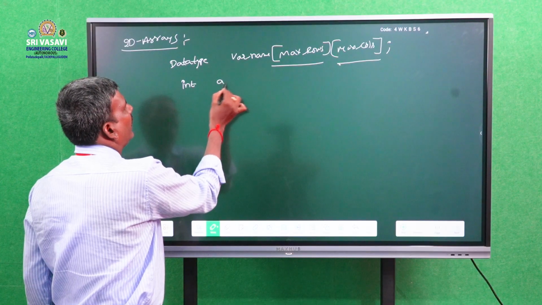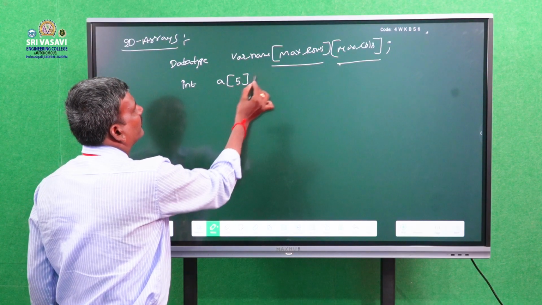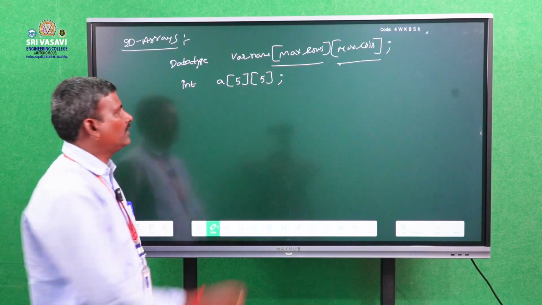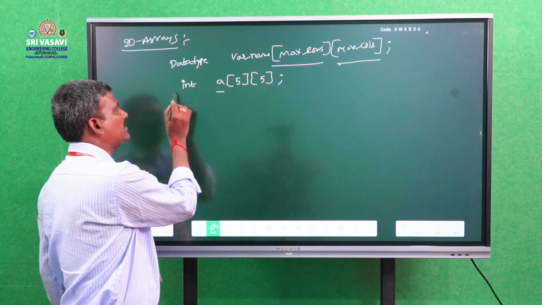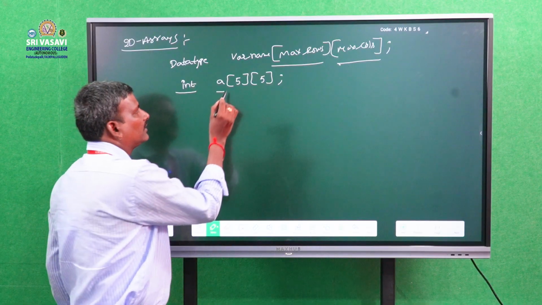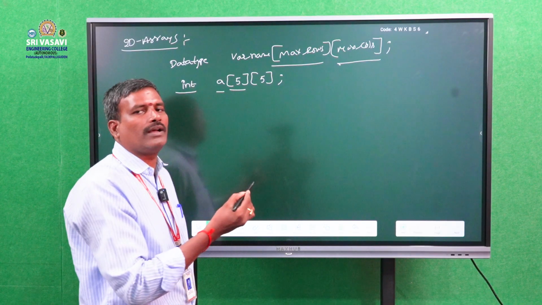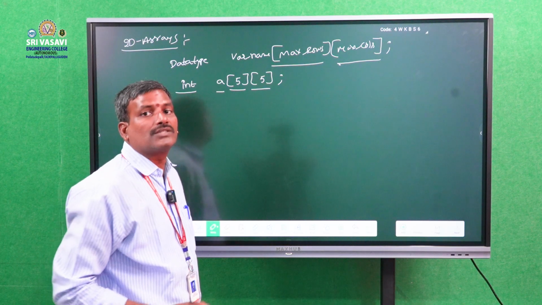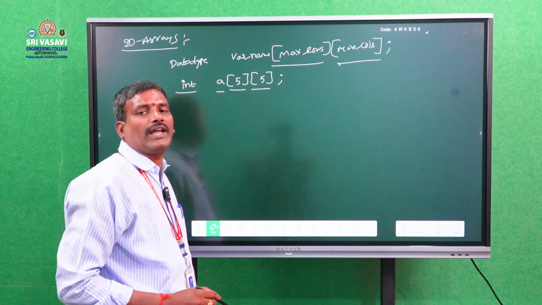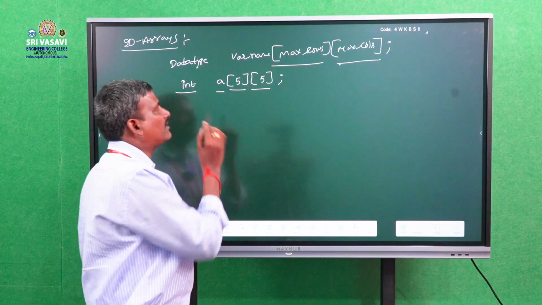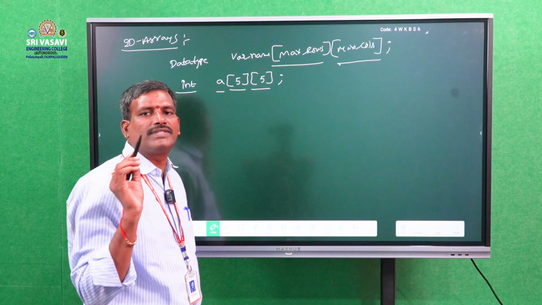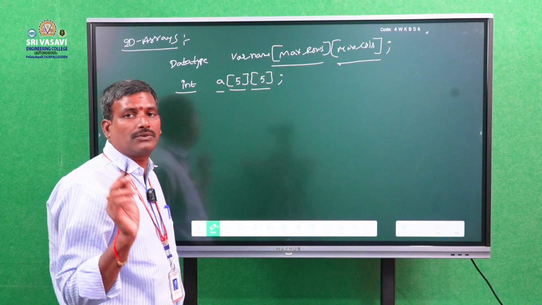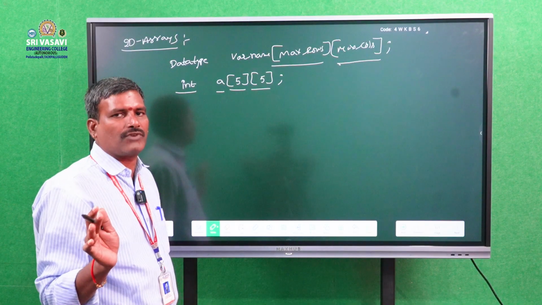How to declare a 2D array? int a[5][5]. Here a is the variable name, the data type is integer, which can take a maximum of 5 rows and a maximum of 5 columns, so automatically 5 into 5, 25 integer elements are stored in a single name a, in the form of a two-dimensional format, I mean matrix format.